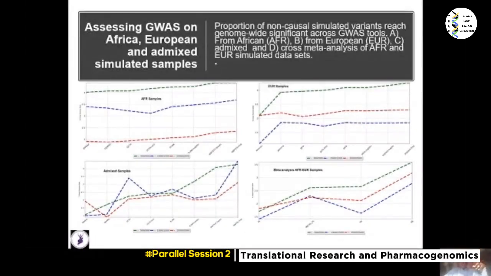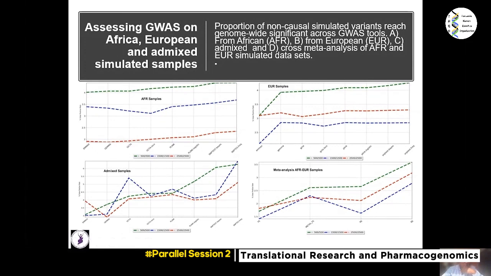In addition, we tried to understand the replicability of GWAS conducted in European populations and African populations. We ran meta-analysis using a fixed effect model, random effects models, and a binary effect model on simulated European GWAS and African GWAS.